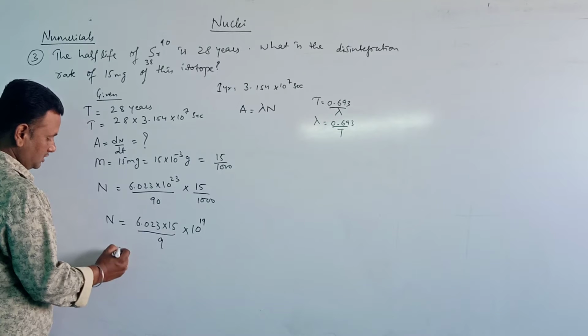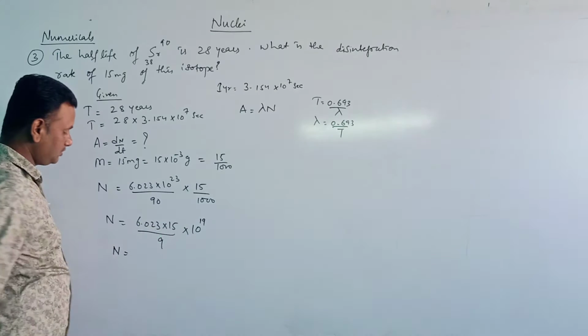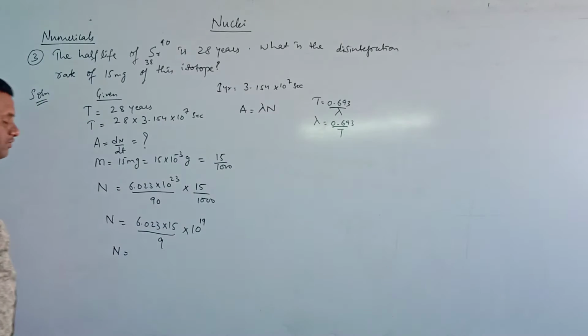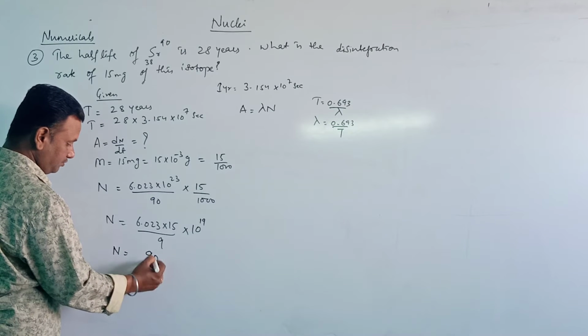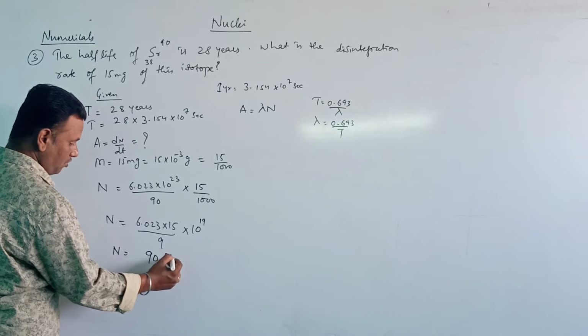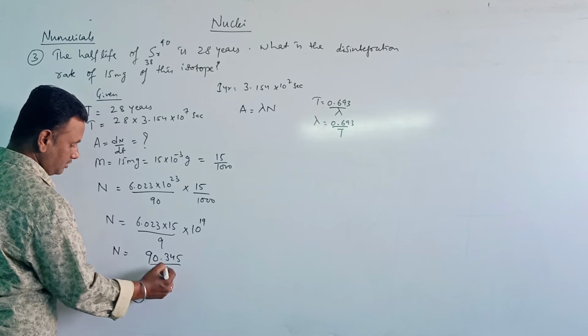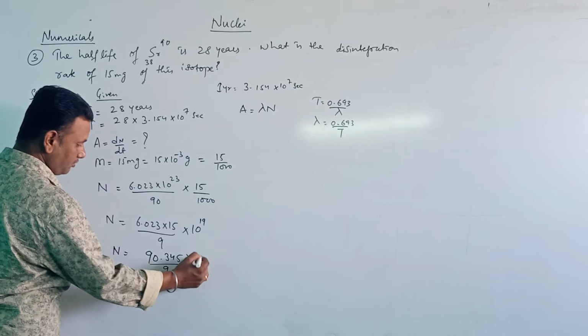How much answer will you get if you multiply this? 6.023 into 15 is 90.345, divided by 9 into 10 to the power of 19.